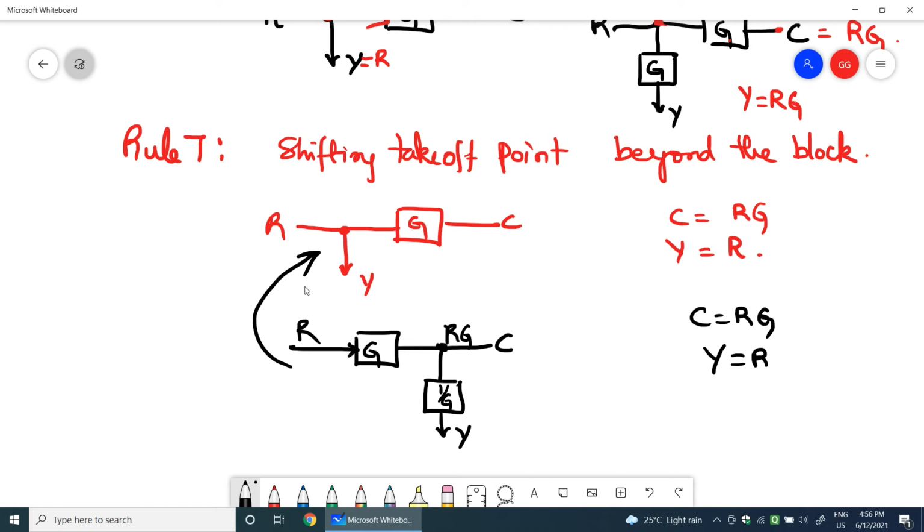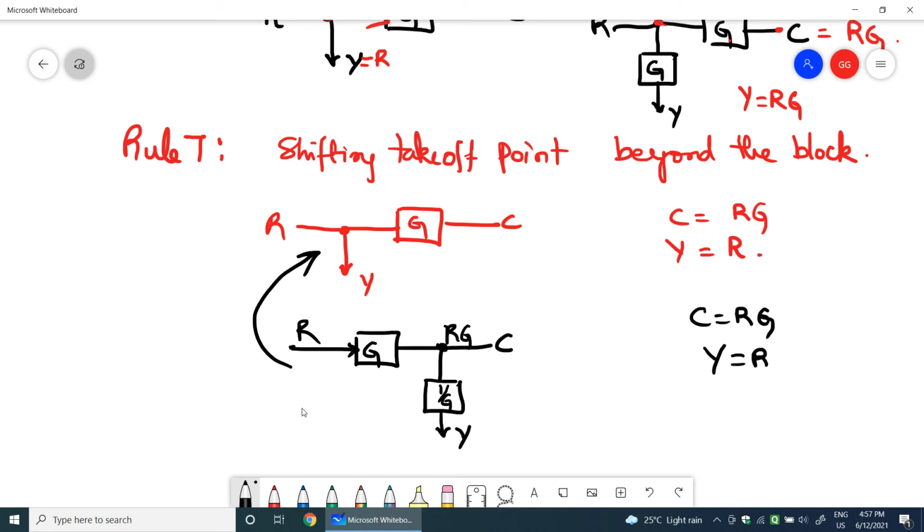Again you see this G is now freely available. So you have given G to R and 1 over G to Y. Therefore this is freely available now. The G is not completely bound with R and Y, so you can use some other technique and find the reduction wherever it is necessary.